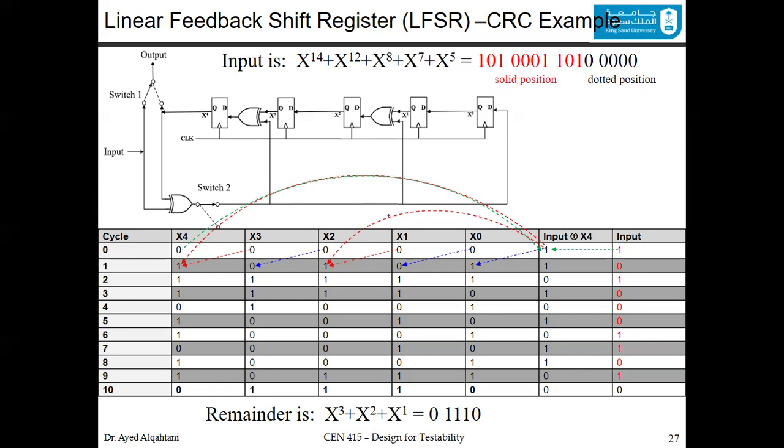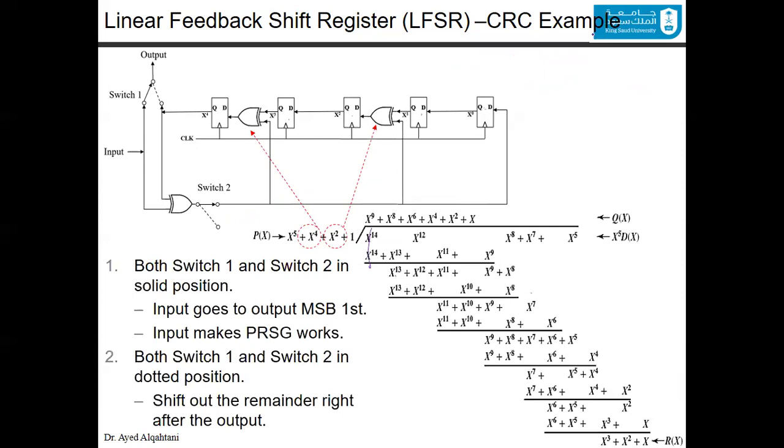And after you finish finding the CRC value, you're supposed to have the remainder value right there. And the remainder value is actually x, x2, and x3. So position 0 is 0, position 1 is 1, since we have x.